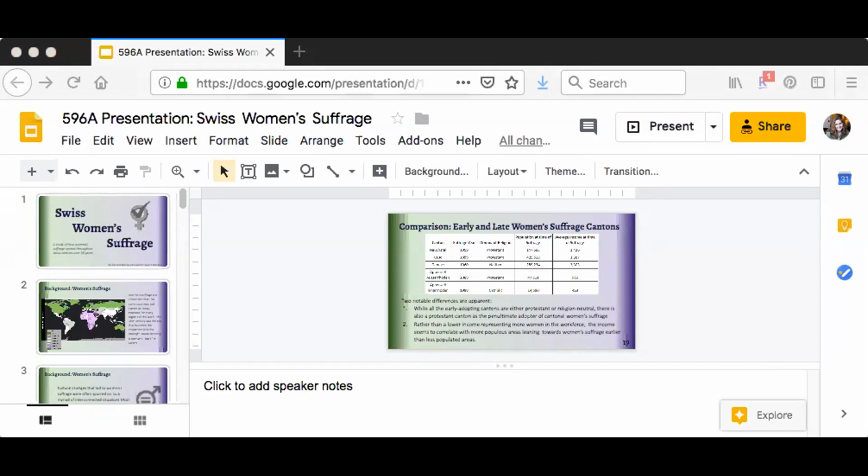All right, hello everyone. My name is Danielle Barlow, and for my capstone, I'm looking at women's suffrage in Switzerland. Particularly, I'm focusing on how women's suffrage spread throughout the Swiss cantons, which is basically their equivalent of a state or a province, over the course of 3 decades.